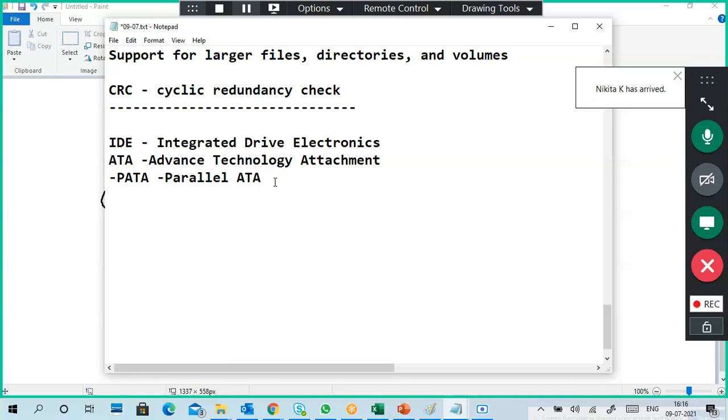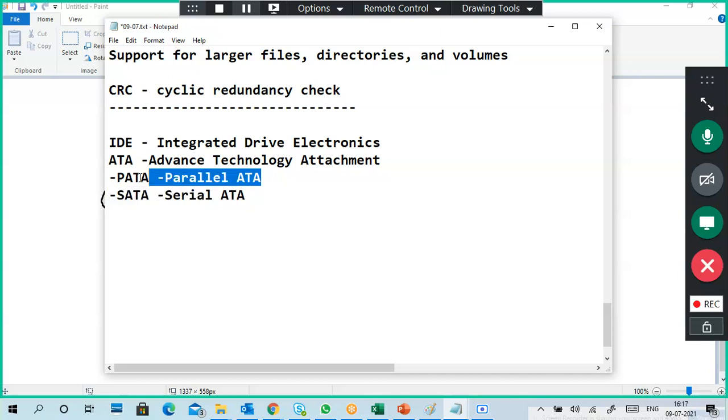Later another technology came up that is called SATA. SATA means Serial Advanced Technology Attachment. Compared to PATA, SATA is much faster. SATA cables are single strand cables only.